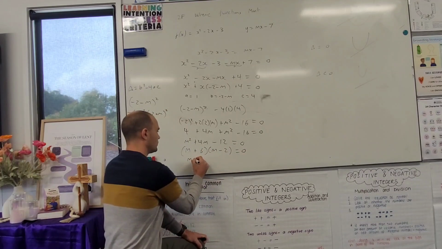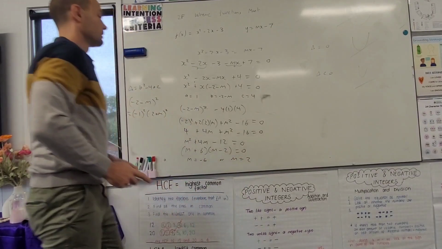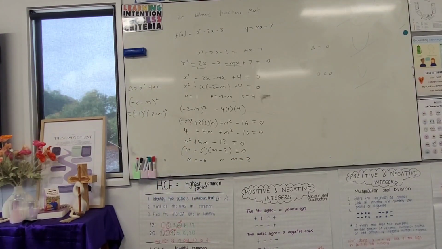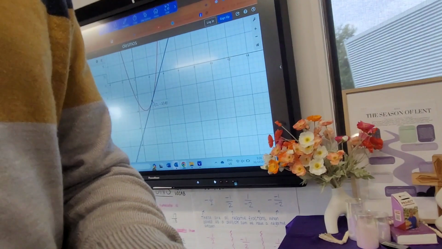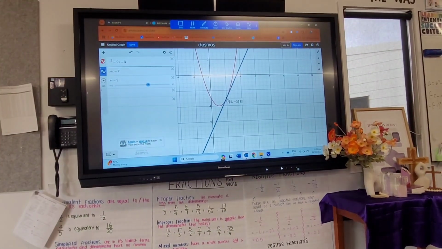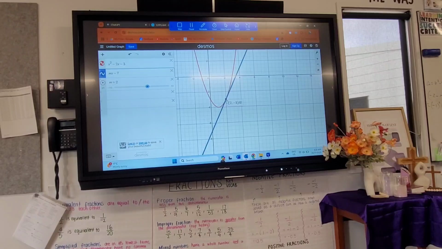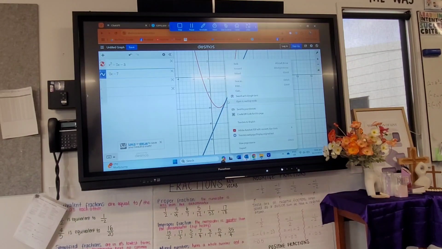Apply our null factor law. So we have 2 values of m. Now I'm going to take you back over here and show you why both of those are solutions. So maybe I'll get rid of the slider. And if I sketch, if we have m is 2, if I sketch 2x take 7, we can see one solution.